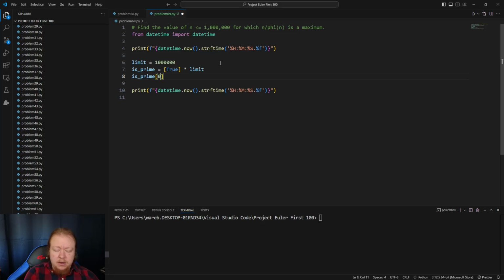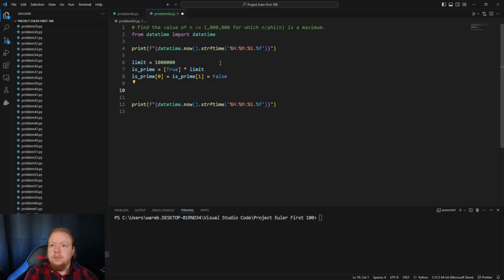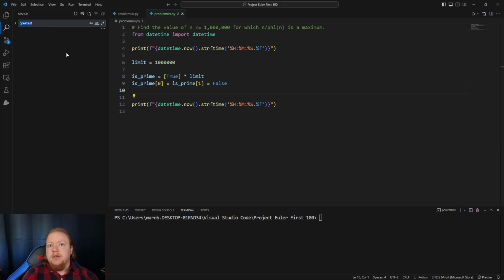And then index 0 is equal to index 1. It's false. And basically what I'm doing is I'm going to do that sieve of Eratosthenes, or whatever his name was. I've done this before.